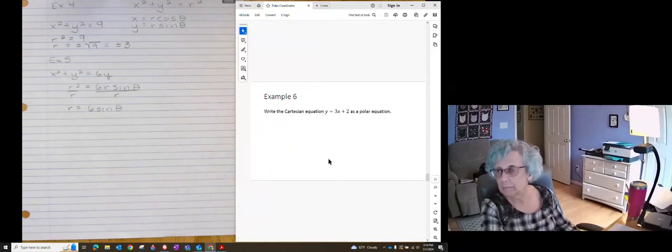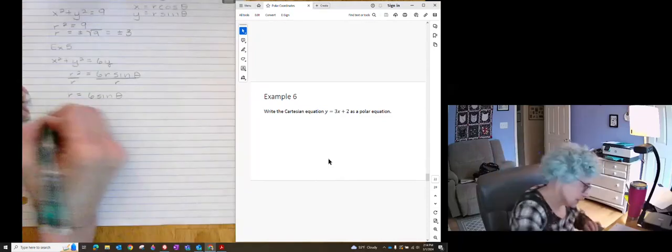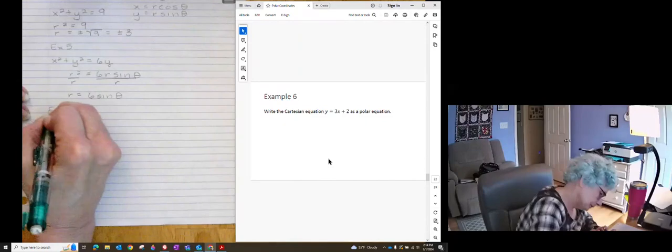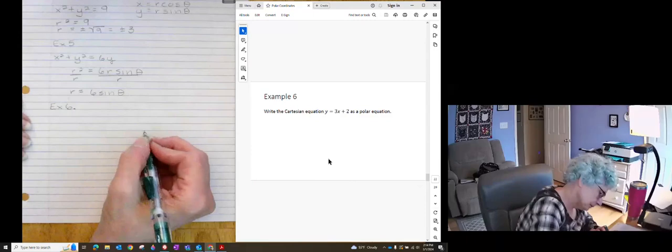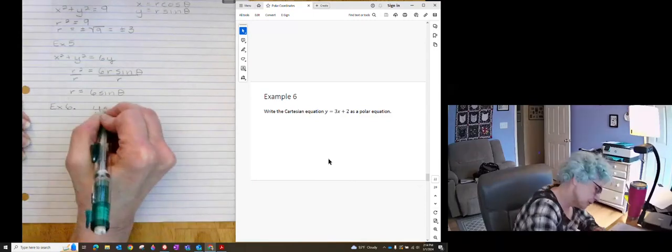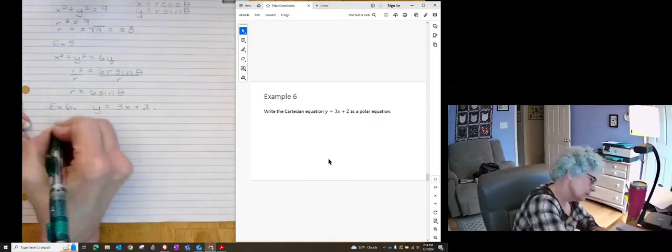Okay, let's do another one. Example 6. Y equals 3x plus 2. Well, y is r sine theta.